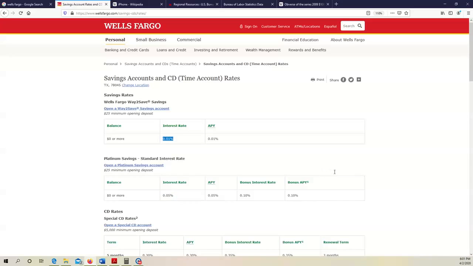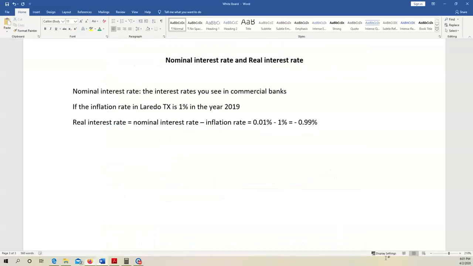You need to adjust this number by what? By inflation rate. Nominal interest rate minus inflation rate. The answer is real interest rate. And the real interest rate could be a negative number. If this number is negative, that means over time you are losing the real power or spending power of the money. Again, why? Because the price rises faster than the interest rate you're promised.